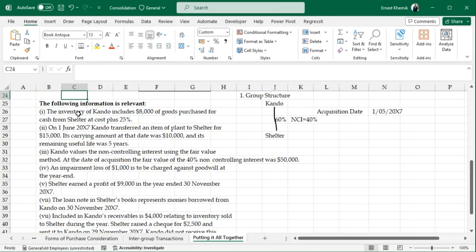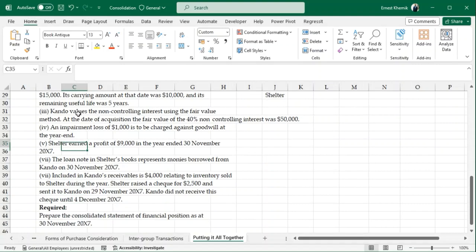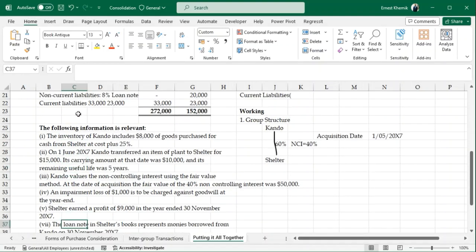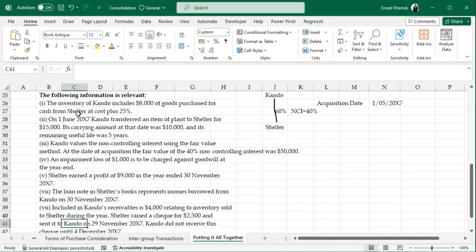That will waste your time, because believe me, the additional information we have here is actually not much. A typical exam question has more information than this, but the principles are the same. It has a volume of information that you will see. So you have to be very, very time conscious when you are dealing with consolidated financial statements preparation.